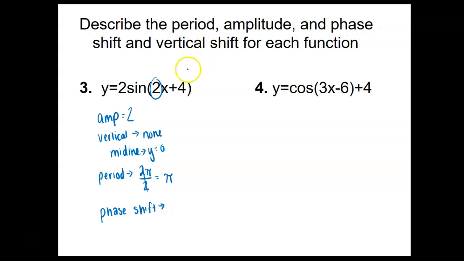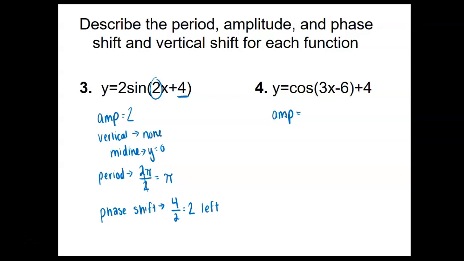Okay, so to find phase shift, we take the number that's left or right, but we have to divide it by the number in front of your x. So 4 over 2, so we'll get 2 for that. Okay, Brett, would that be to the left or to the right? Left, very good. Because we do the opposite of whatever sign we have there. Now this one might be a little tricky for you.